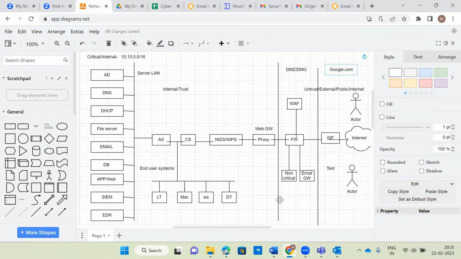So non-critical applications, public applications that everybody has to access, are not important to the organization. So those we can also deploy in the DMZ zone. So this is the entire network architecture. We can represent it in a pictorial or graphical representation. Every organization will follow this structure only.